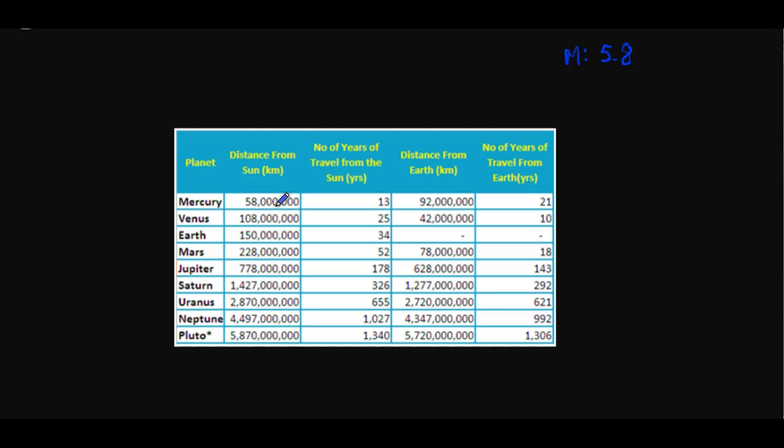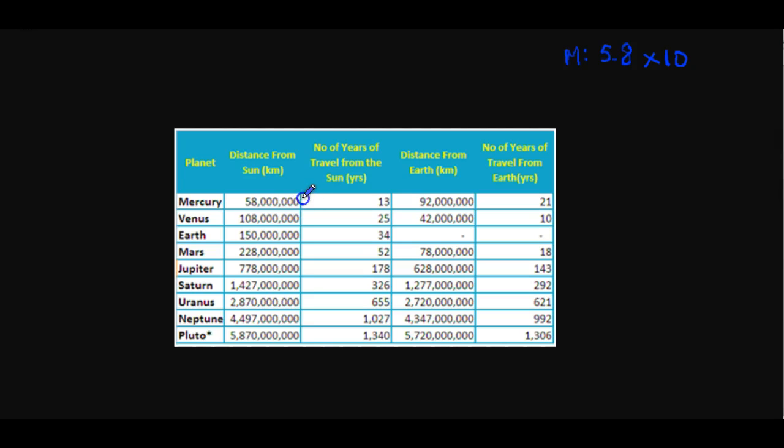So I'm only doing 5.8, and then it's times 10 to the power of something. Now, the power: how many places has the decimal place moved? Your decimal, which we don't write, but it is here.